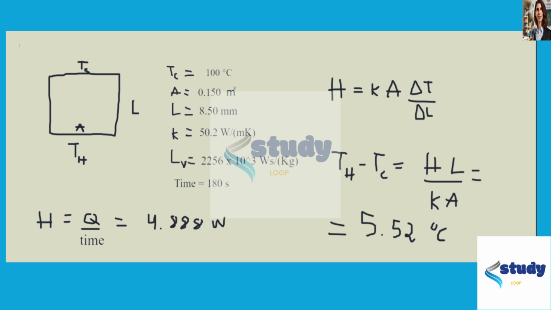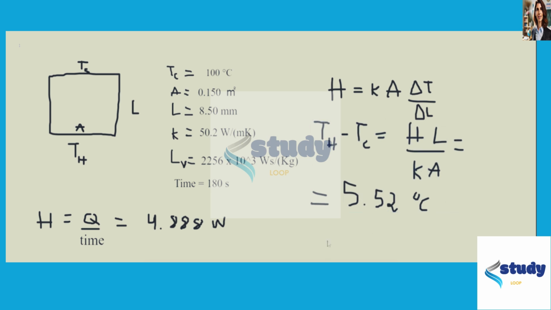And because T cold is 100 degrees, we find that T hot is 100 plus this value here, that is 105.5 degrees Celsius. This is the temperature at the bottom of the stove.